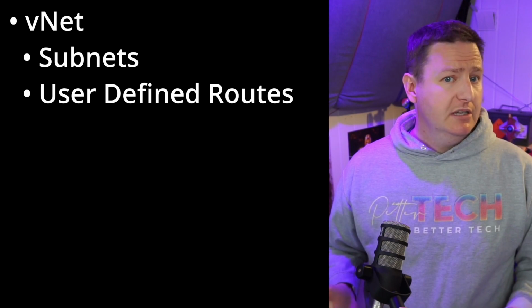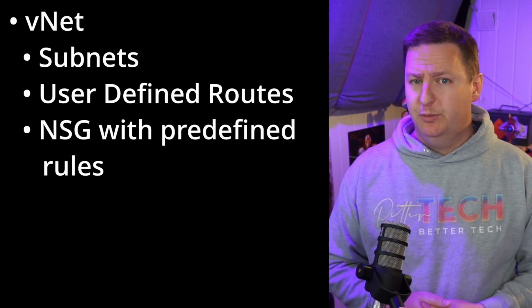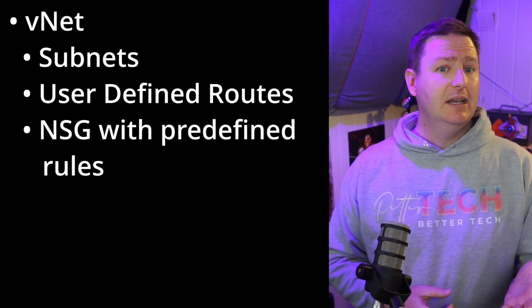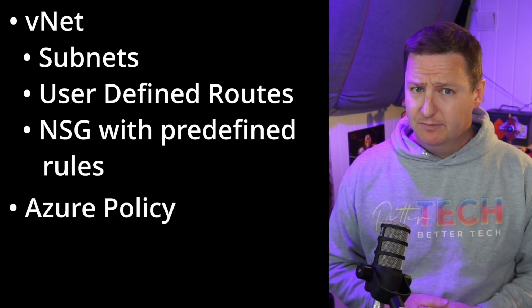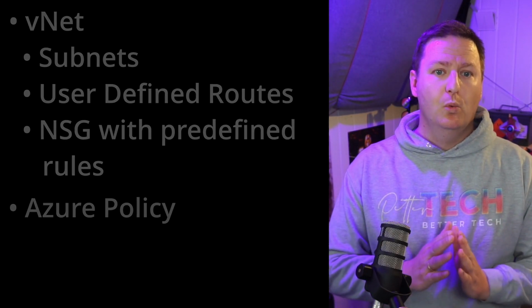Maybe they should have some NSGs with a couple of predefined rules. Maybe the landing zone should have some basic policies. The list could go on, but once you've nailed that down, you have a landing zone that's modular. You can then deploy any number of these modules, scaling as far as you want. And having that module also makes it easy for you to set up new landing zones because you know what should be there. Maybe you also have it defined in code, like Bicep, making it even easier to deploy more landing zones.